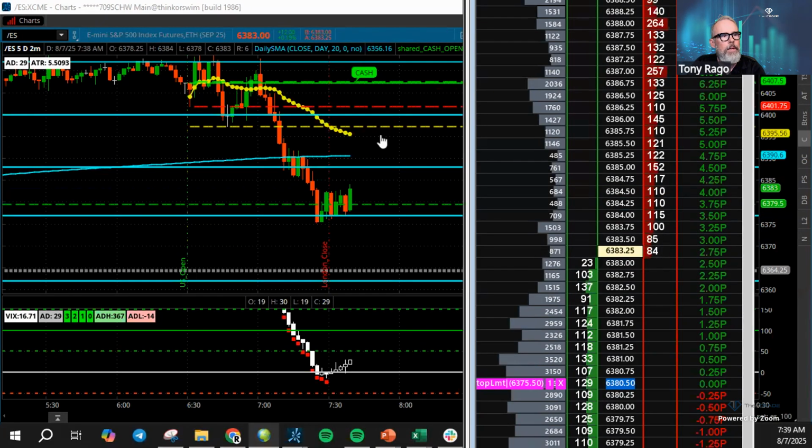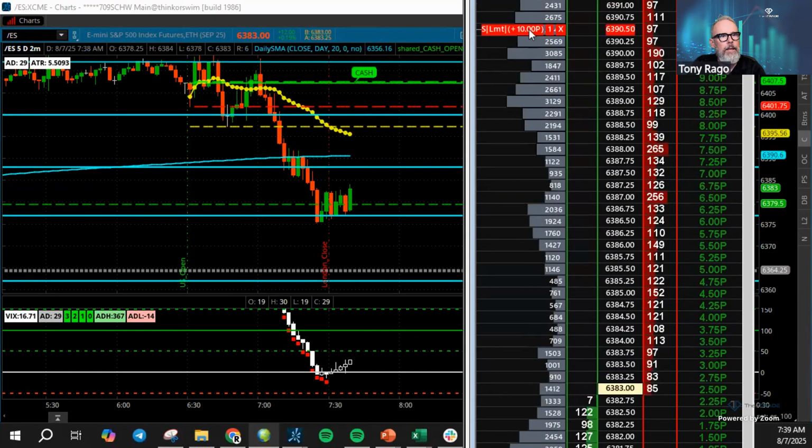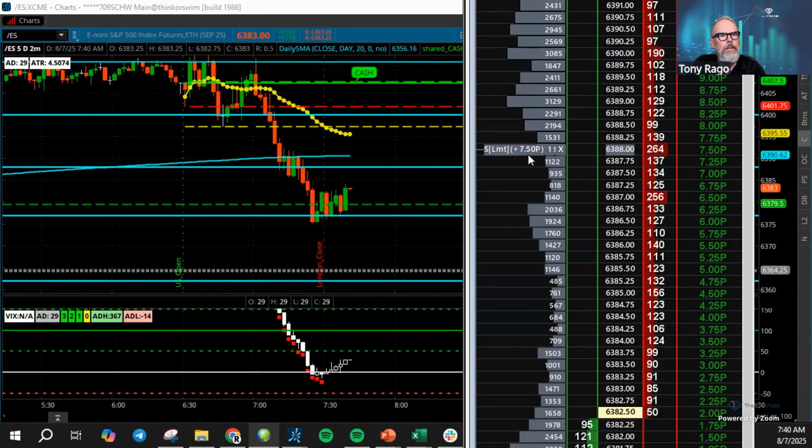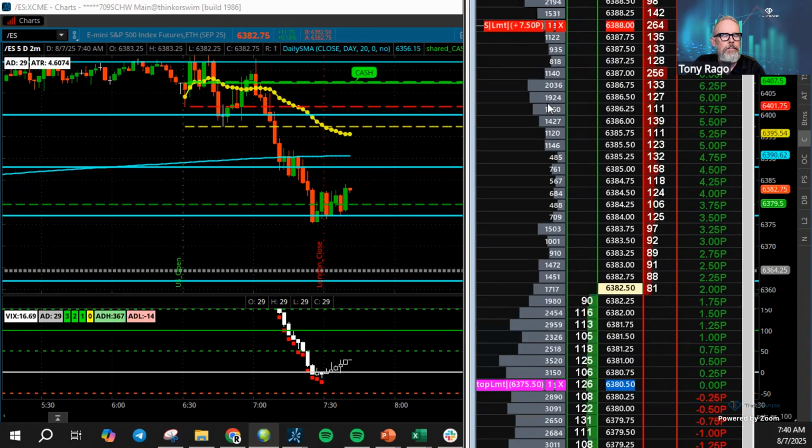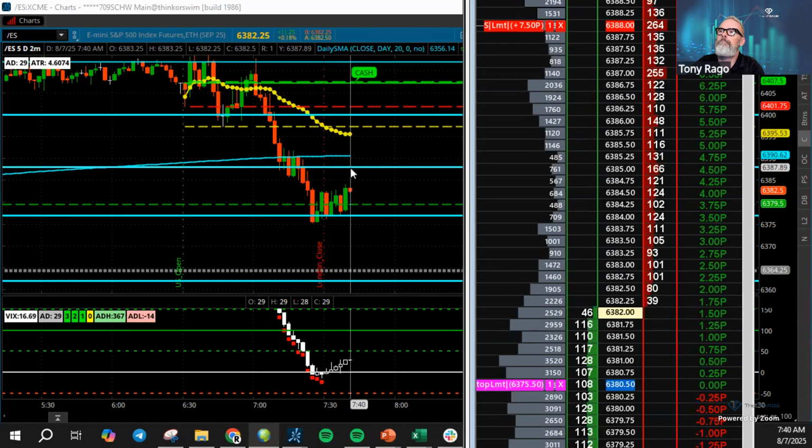Let's see if we can get, I don't know if we're going to get a 90, but we should get an 88 here. It should retest this level from below right here.